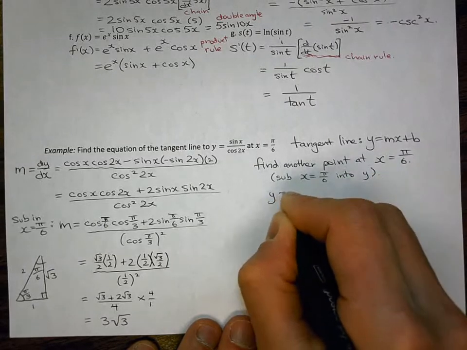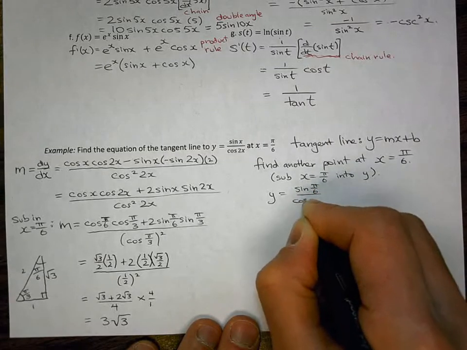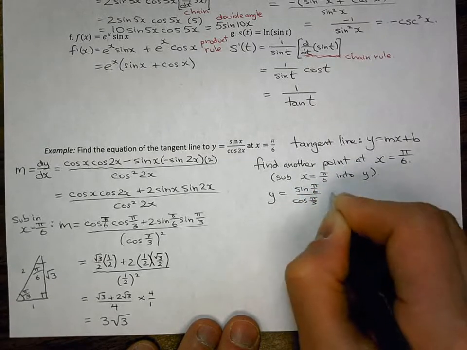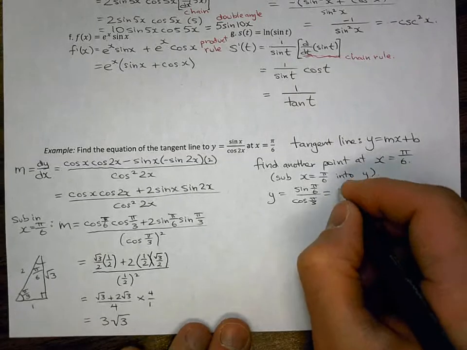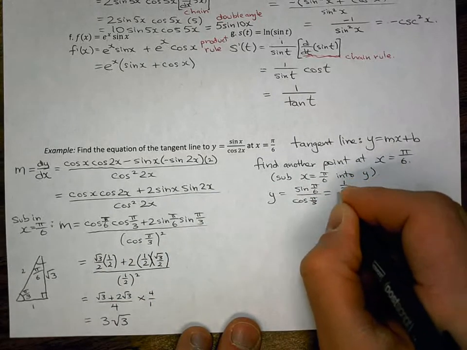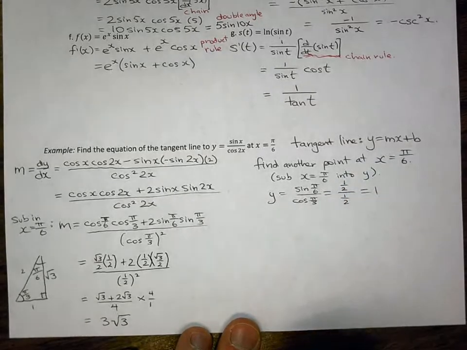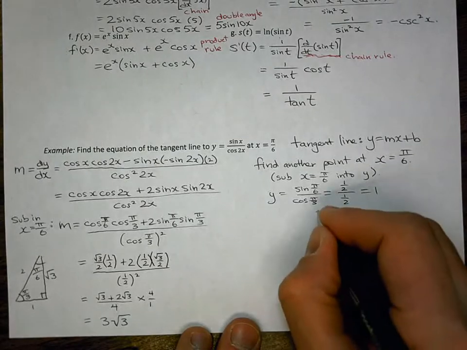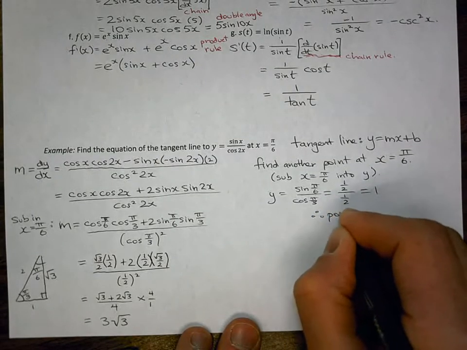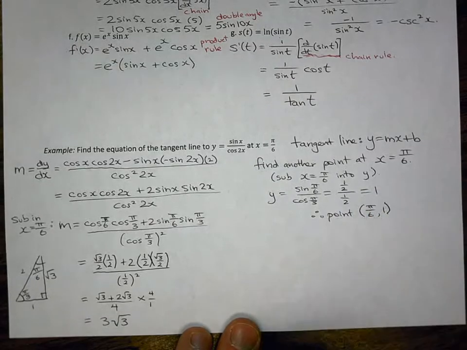So I get y is equal to sine pi by 6 over cos pi by 3. I can figure that out. Sine pi by 6 is half. Cos pi by 3 is also half, so that's 1. So therefore we have the point pi by 6, 1.